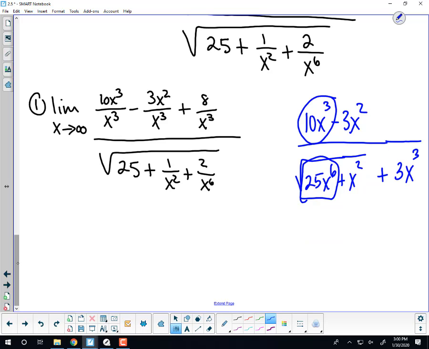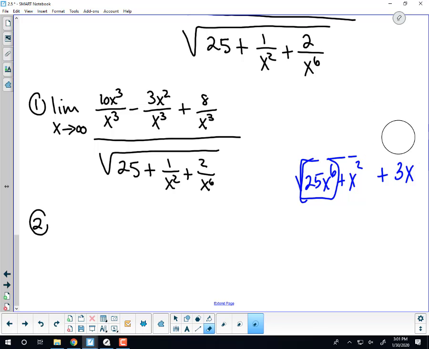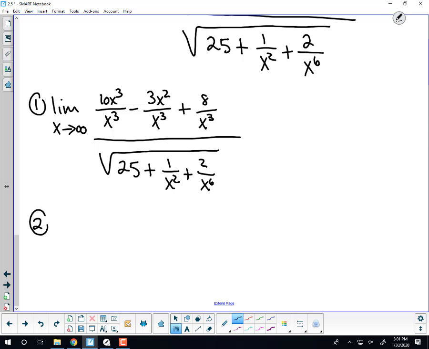Just, if we can show it different ways, then a lot of times I'll do that because it might make sense to some or it doesn't make sense to others. Again, the only thing that's going to be different with this limit, and of course we'll simplify all that, but the only thing that's going to be different with the limit at negative infinity is that we're going to divide the top by a negative x cubed.